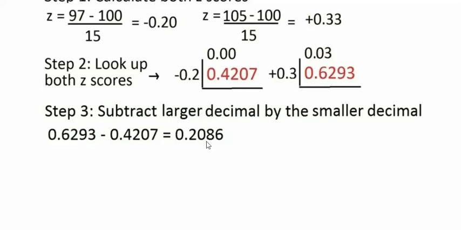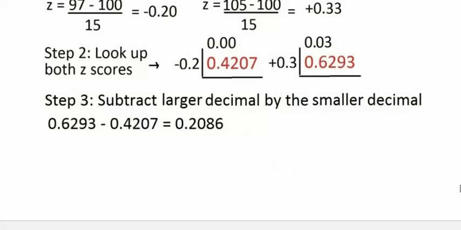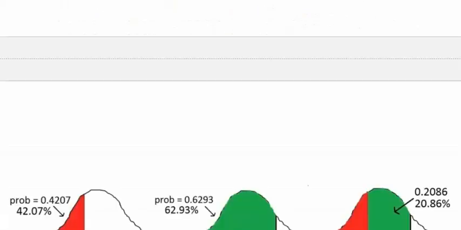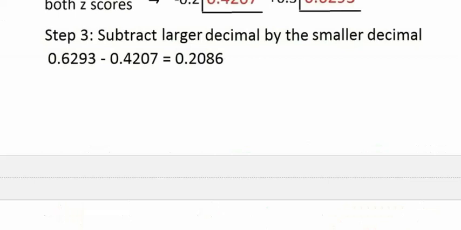And this gives us 0.2086. And if you get a negative answer, it means that you just reversed them. So make sure it's a positive answer. So that's it. The probability of getting a person between 97 and 105 is 0.2086.